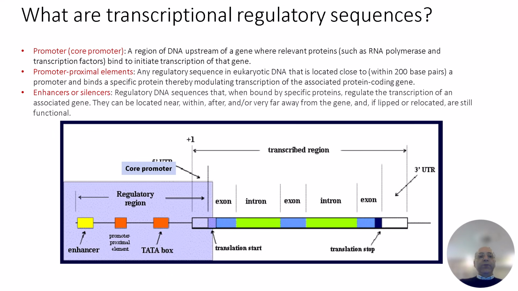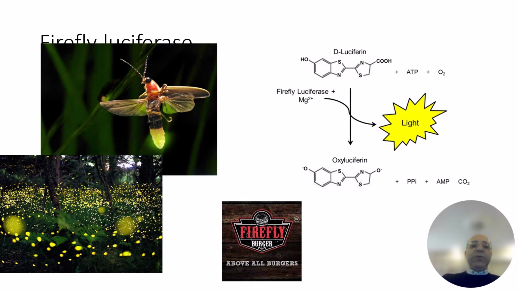So, let's talk about something different now and see how we can combine all this knowledge together. We take advantage of an enzyme that is expressed in fruit flies. Fruit flies are these insects, and their butts glow, right? They light up, creating this beautiful scene at night.